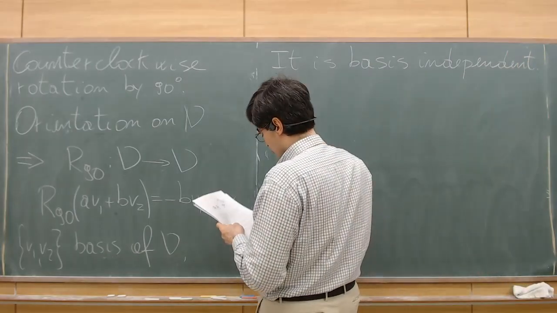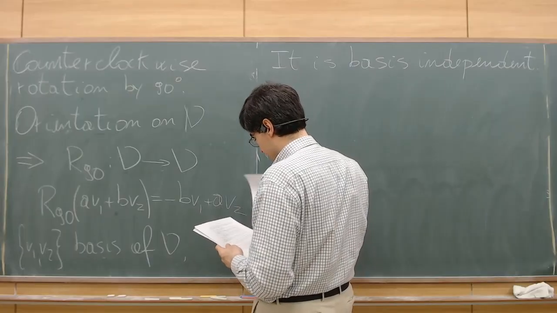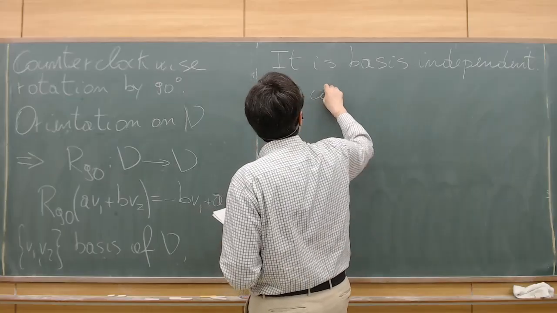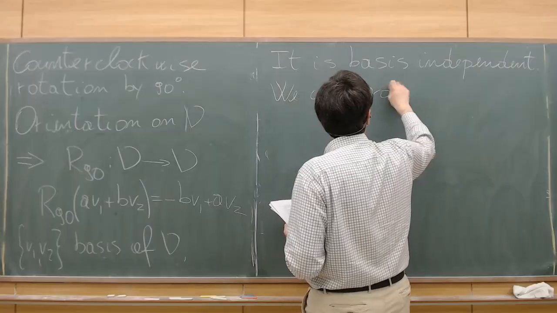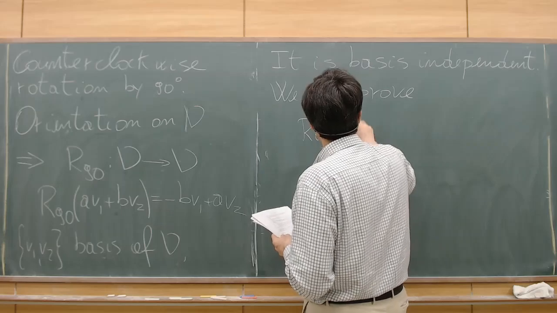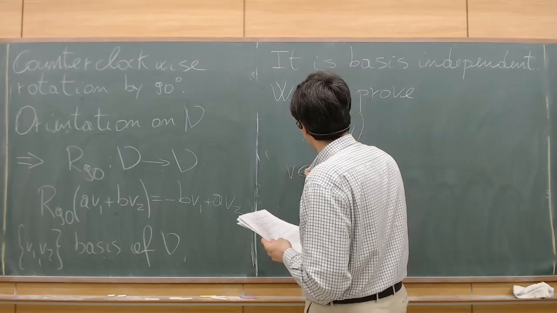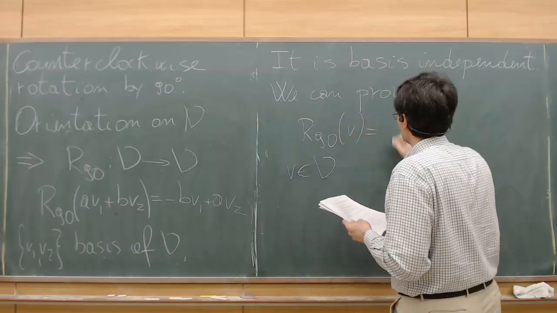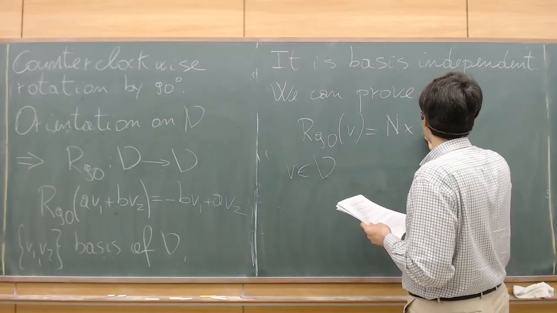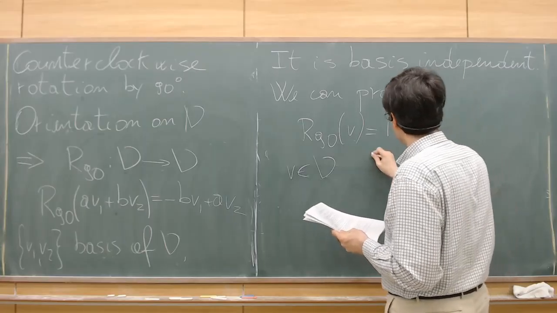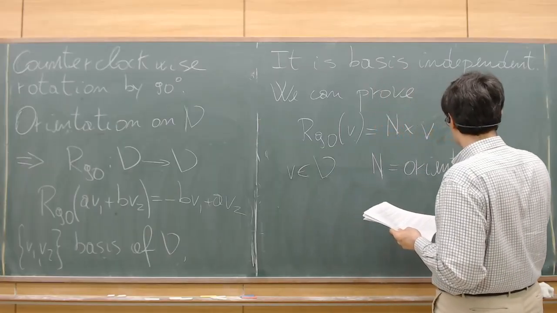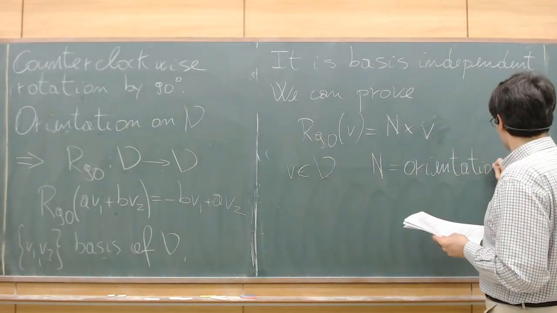Why? Because you can prove very easily that R90 of a vector v in nu can be written as n cross product n cross product v, where n is the orientation we chose for nu.